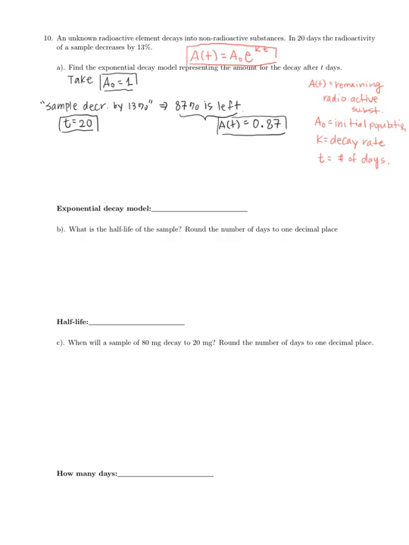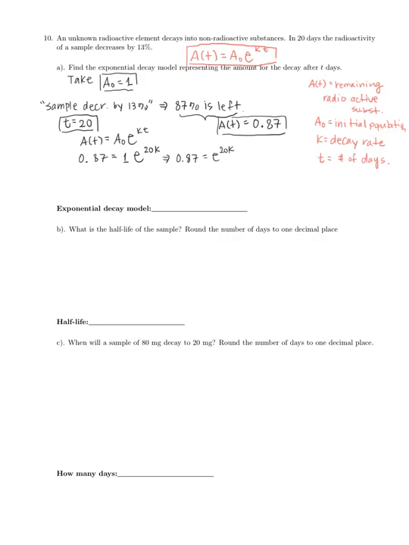All right, so I think we're ready. Let's plug all these values into the equation. A of t equals a sub 0 e to the kt. Here we're going to have 0.87 equals 1 times e to the kt, where t is 20, so 20k. So 0.87 equals e to the 20k.